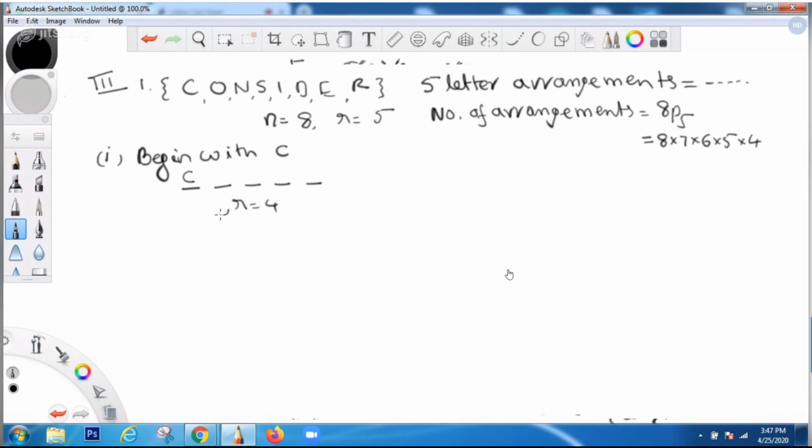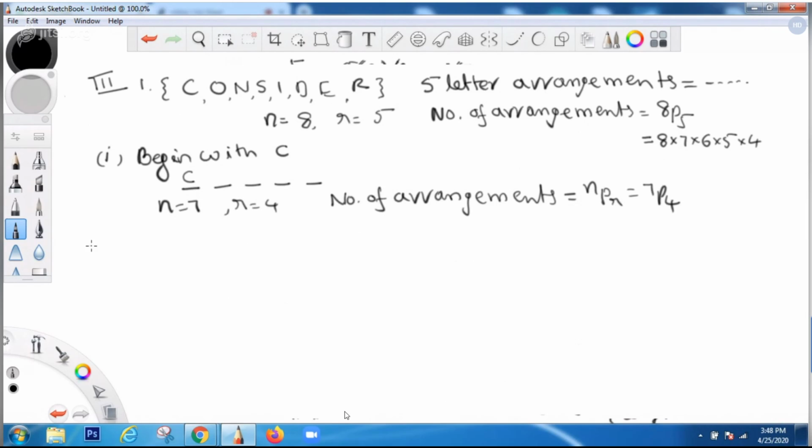How many letters are yet to use? 7. So n is 7, r is 4, and the number of arrangements is 7P4. You need not find it, just leave it.